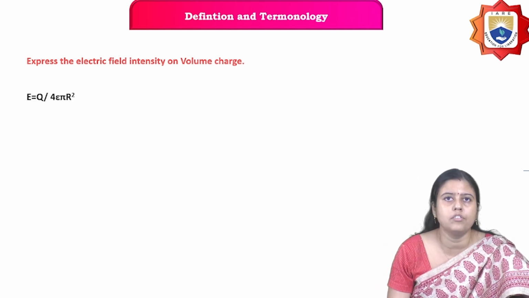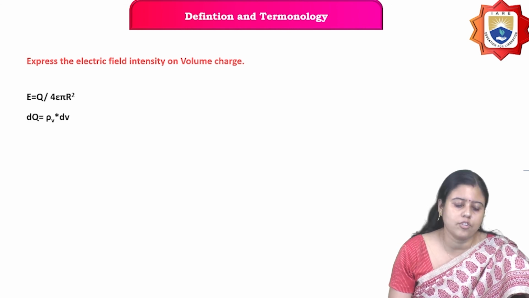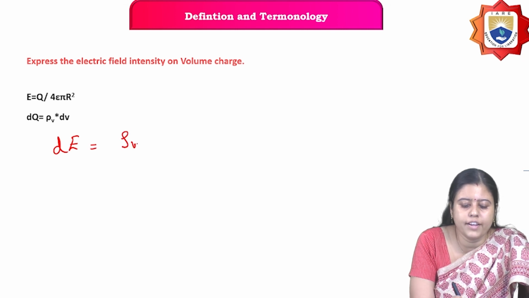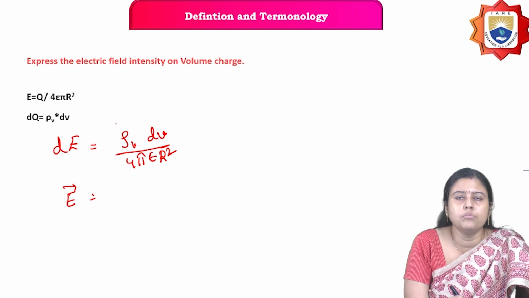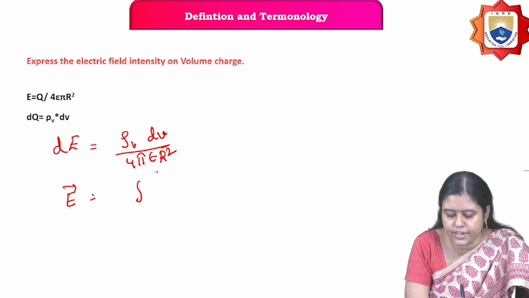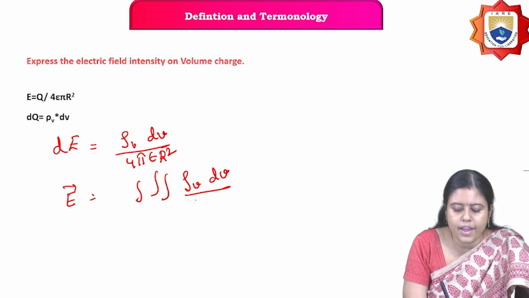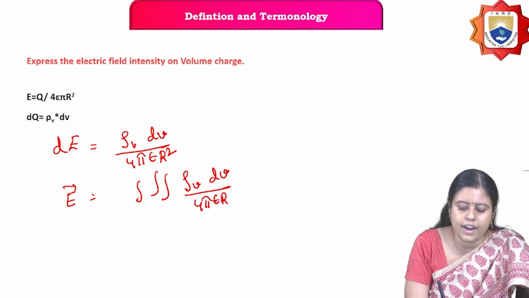Then express the field intensity on a volume charge. Similarly, E is equal to Q by 4 pi epsilon r square, dq is equal to rho v dv. So dE is equal to rho v dv by 4 pi epsilon r square. So E is equal to, this is a volume, so this is a triple integration of rho v dv by 4 pi epsilon r square.